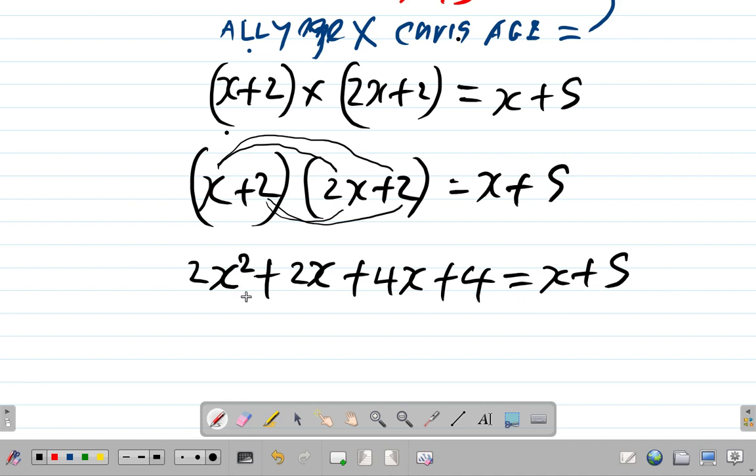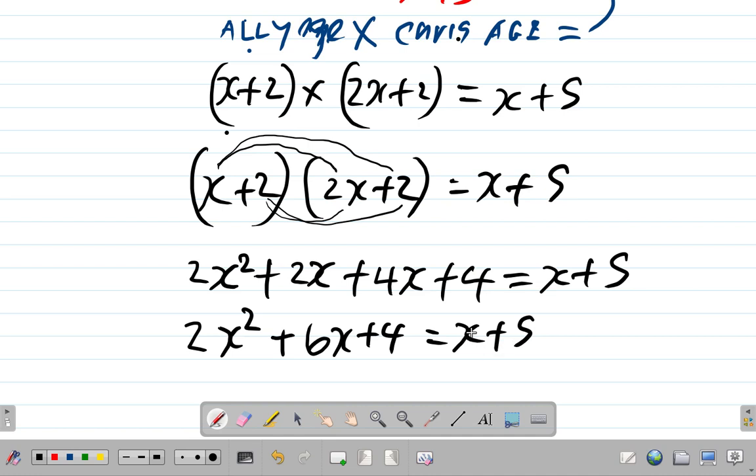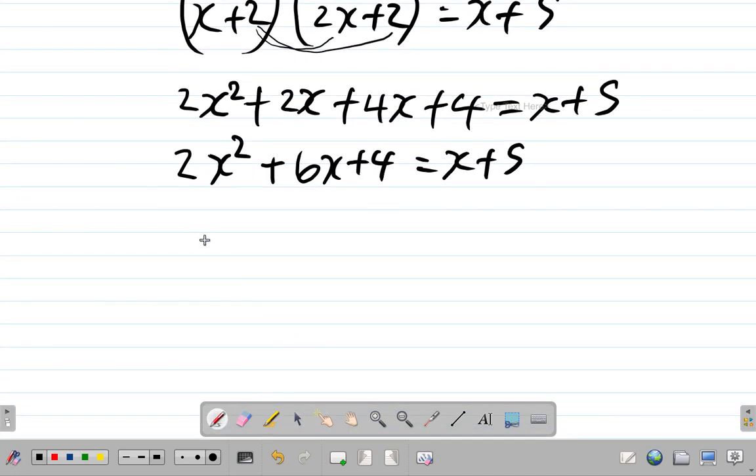So now, you can put the 2x and the 4x together. So you have 2x squared plus 2x plus 4x as 6x plus 4 equals x plus 5. Now you want the right hand side to equal 0. Right? So what you're going to do is this. 2x squared plus 6x plus 4.